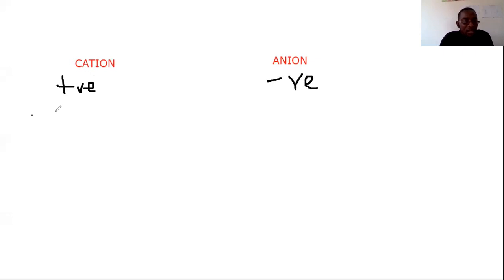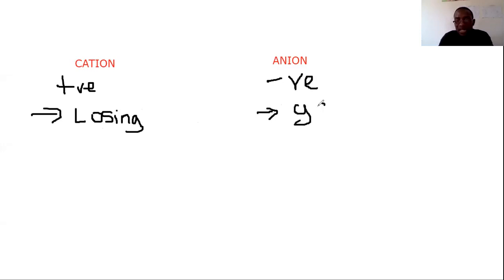What makes a cation? A cation is a result of losing electrons. Then what is an anion? An anion is a result of gaining electrons. How do we form a cation? A cation is where a particle loses electrons.